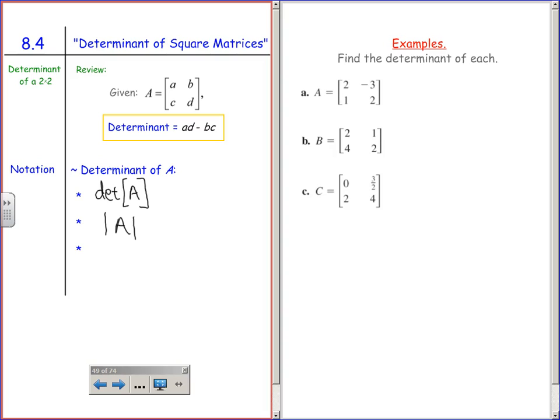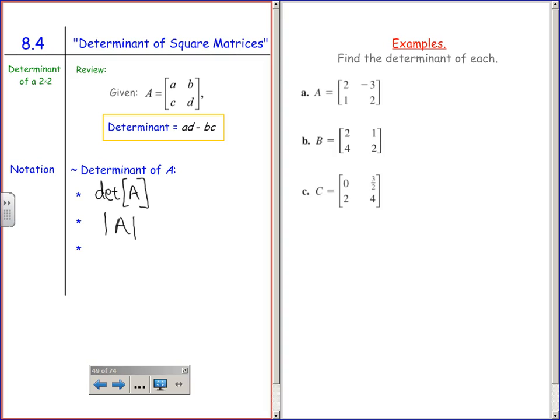Remember, the absolute value of a complex number was its magnitude, like the double lines of vectors. I wouldn't exactly say it's the magnitude of the matrix. That's not quite applicable, but we do know that absolute values can mean different things in different contexts. So today, absolute value around a matrix will be a determinant also.